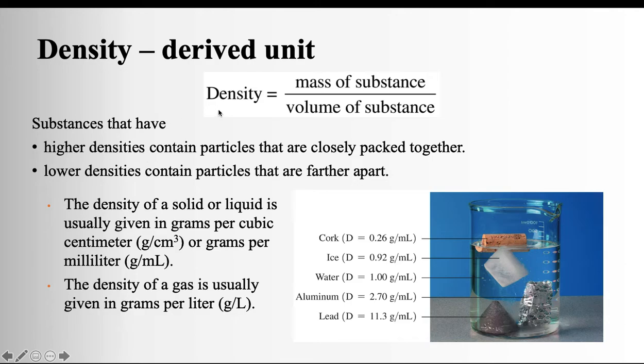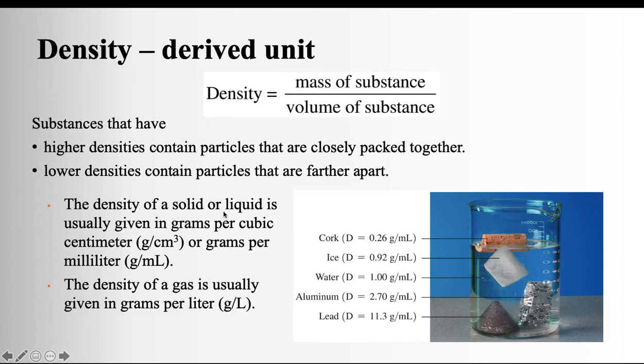Those substances whose particles are farther apart for the same volume of 1 milliliter will have a smaller mass, and therefore the density is going to be smaller as well.